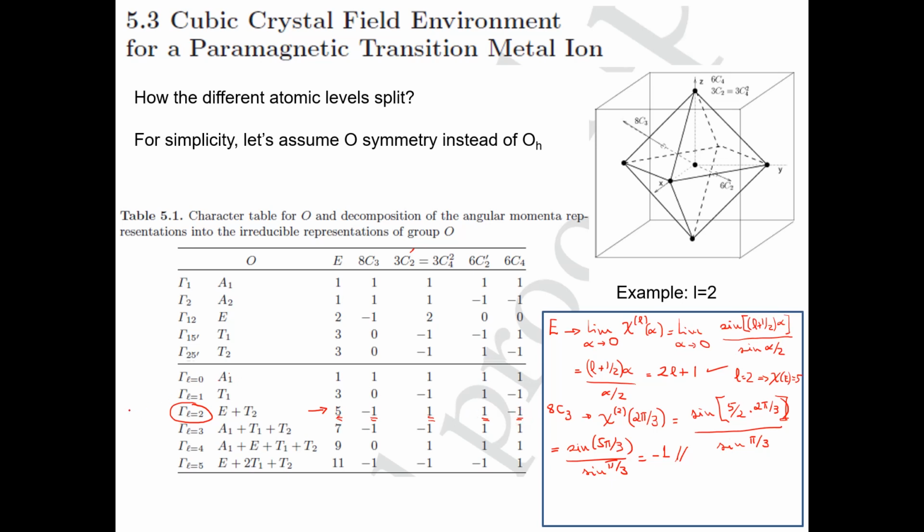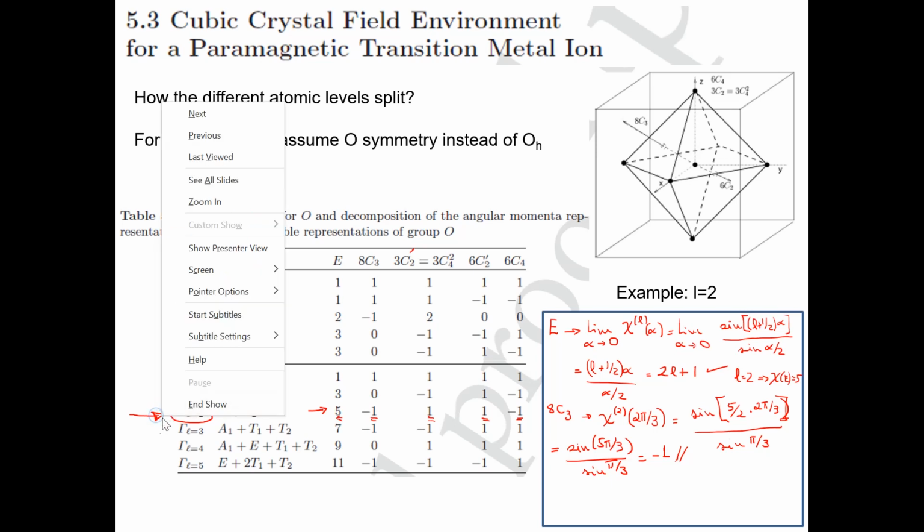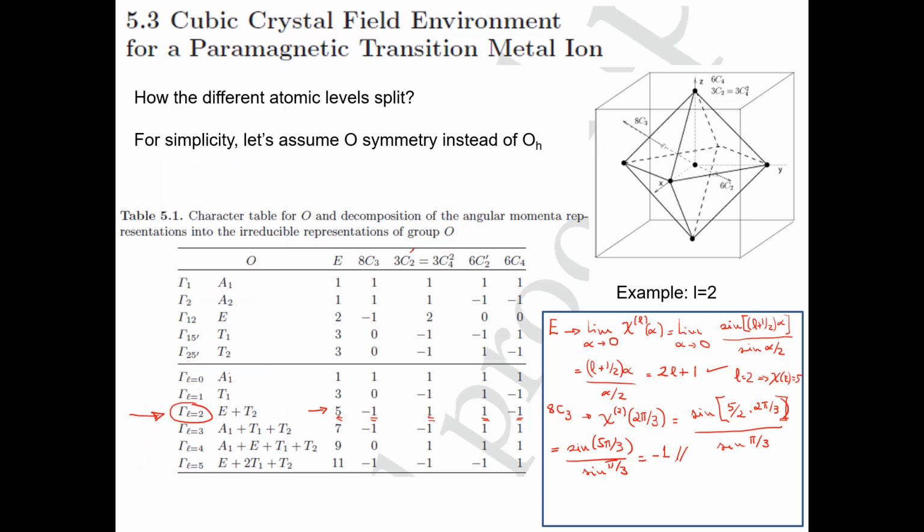So basically what we did was to find the characters for the full rotation group using the formula that we discussed in the previous slide, okay? Very good. And in this table, this is a table from the book, you have this character table for the O group, the character table of the full rotation for all different values of L. L equals to 0, 1, 2, 3, 4, 5, so on and so forth.